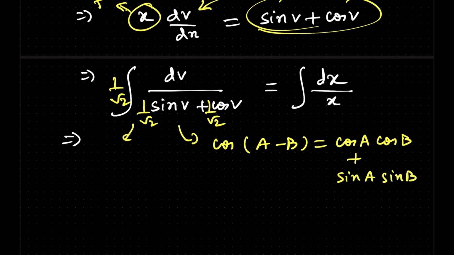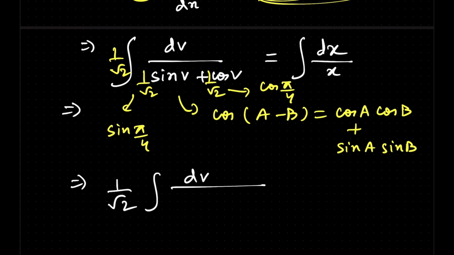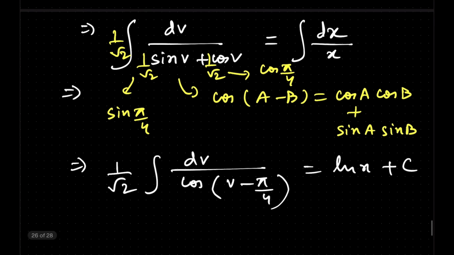Here 1 by root 2 is sin pi by 4, and this 1 by root 2 is cos pi by 4. So if you see carefully, you will get 1 by root 2, dv, cos of v minus pi by 4, and here we will get ln x plus c.